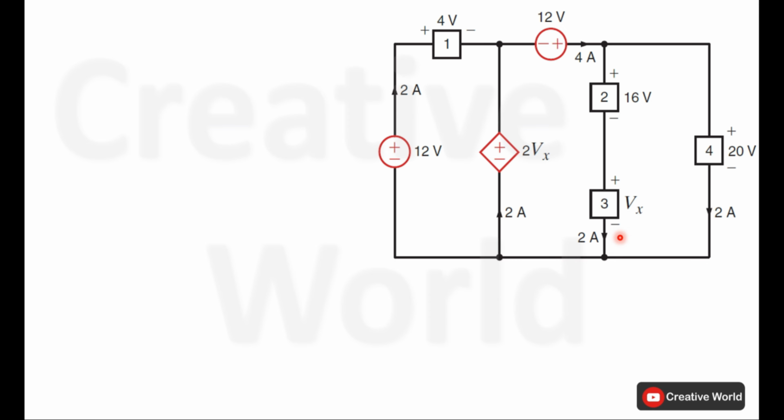We will use Tellegen's theorem to find the value of this voltage. And before we use Tellegen's theorem, we should have the values of all supplied and consumed powers in this circuit. First, we will calculate the power of all these elements and then we will use Tellegen's theorem to find out the value of Vx. So start with element 1.